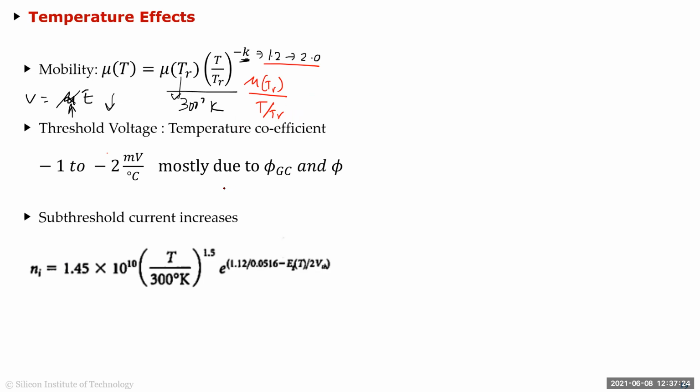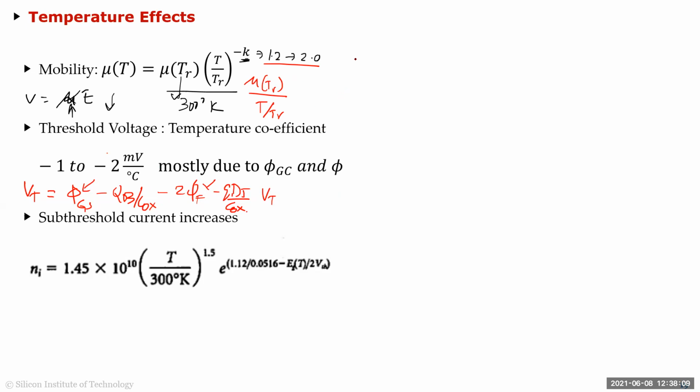Now the threshold voltage, right? If you remember the expression for threshold voltage, VT is phi_GC minus QB over Cox minus 2 phi_F, and then you get QDI over Cox and so on. So this one also has a temperature dependency, primarily due to the work function and the phi difference. Because there is a negative term here, and phi_GC is phi_G minus phi_S, they tend to reduce your VT. So this actually has the opposite effect.